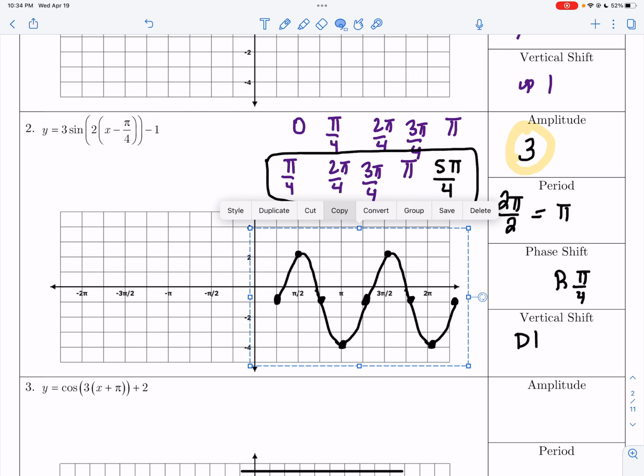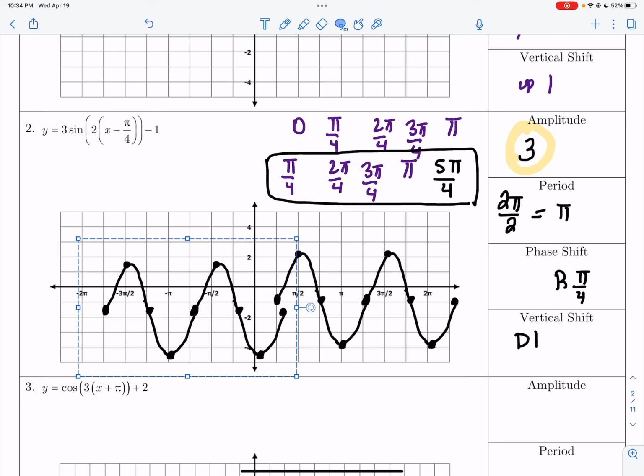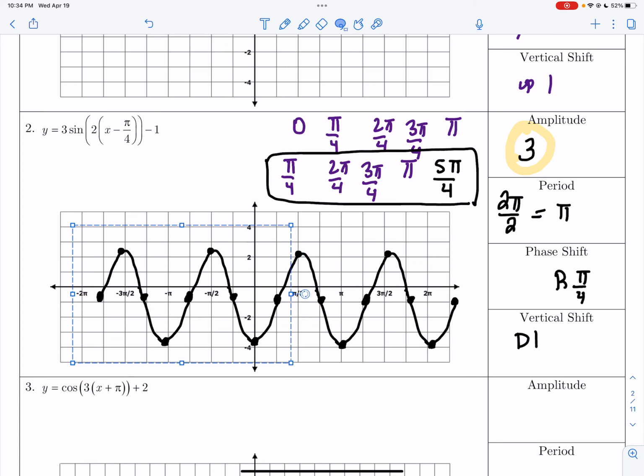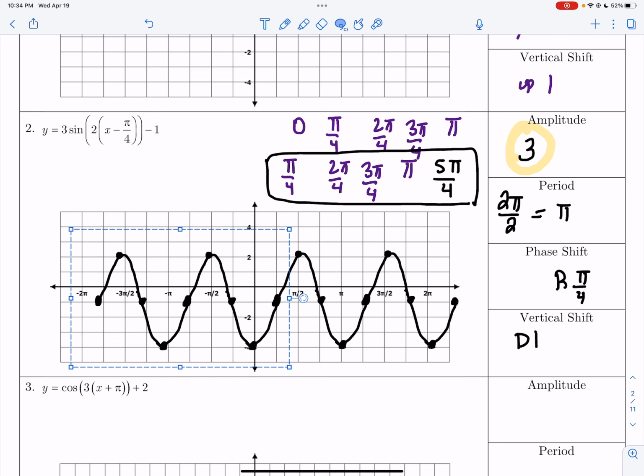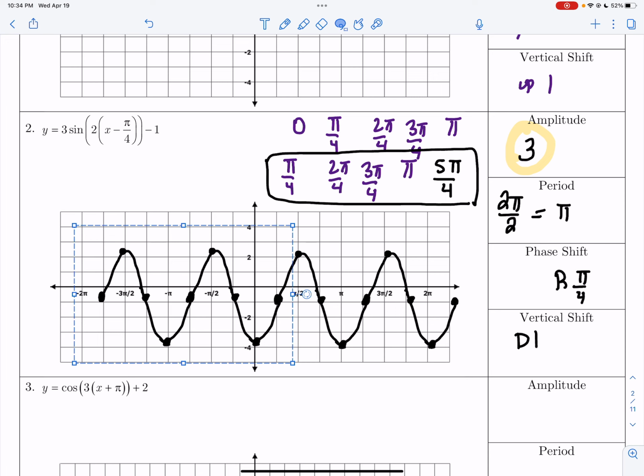So, yay. This doesn't really line up, but okay. Good enough, close enough, right?